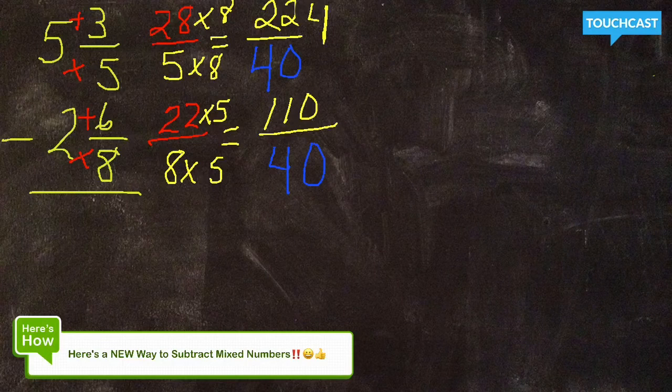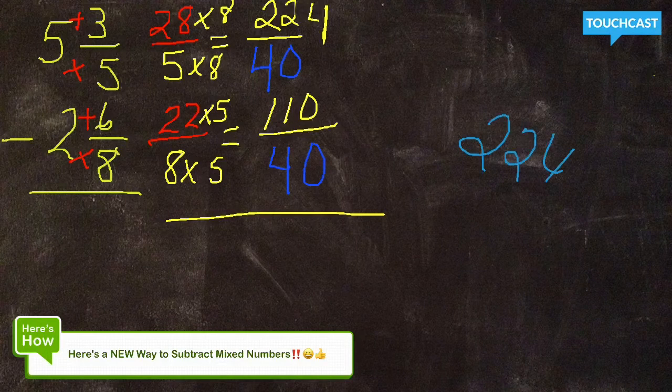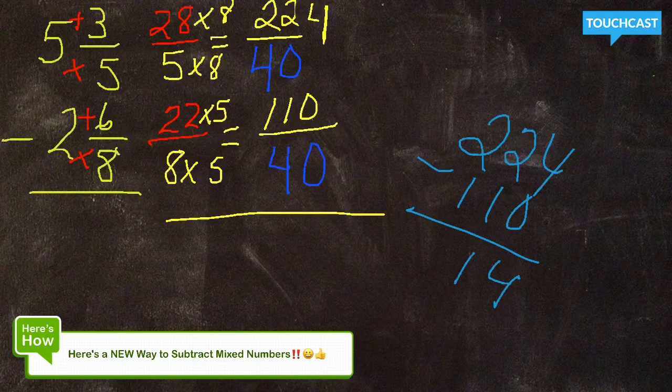Next, you can go ahead now and subtract, because you have like denominators, and you can subtract the numerators. You can subtract 224 and 110. So you would be doing this on scrap paper. 224 minus 110, 114.